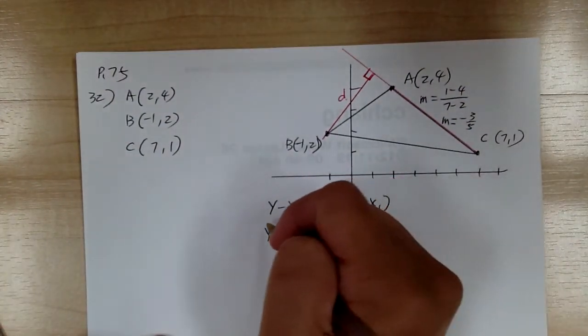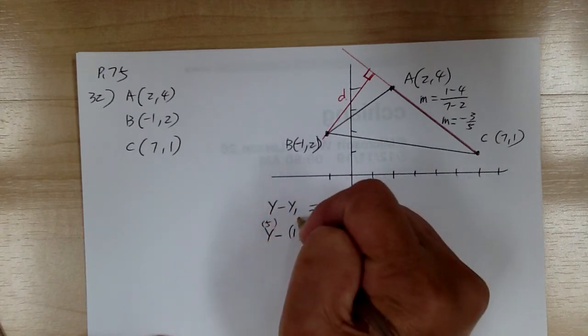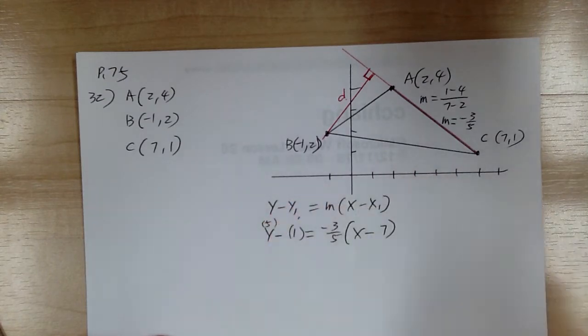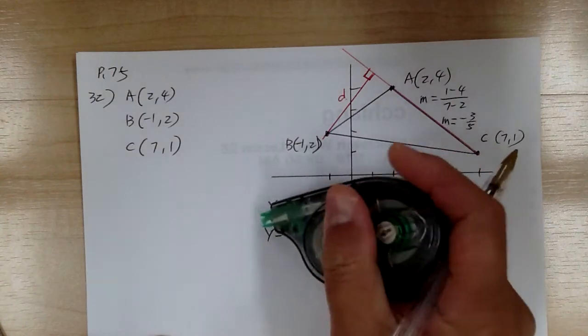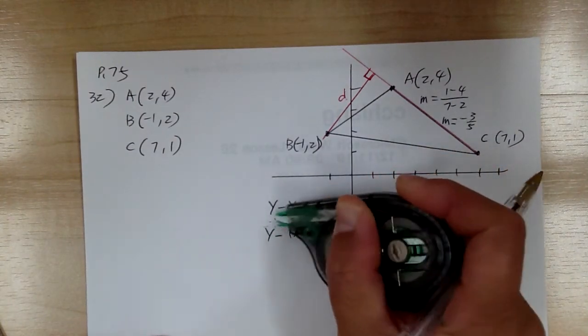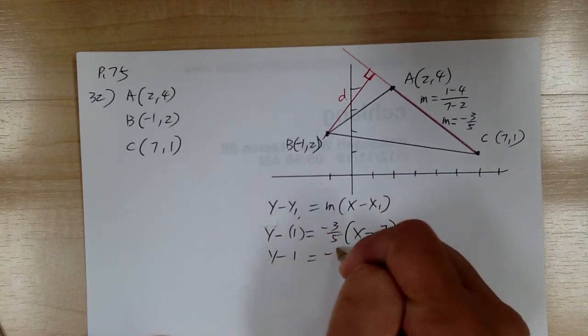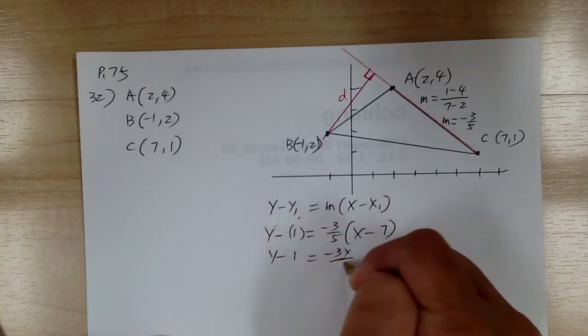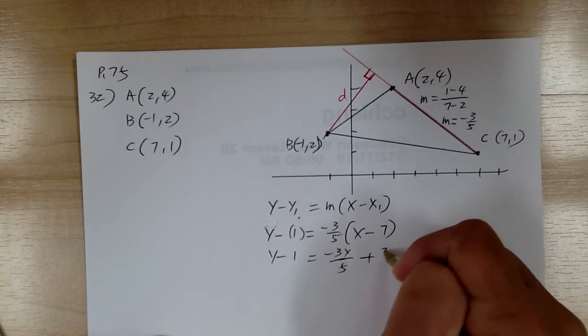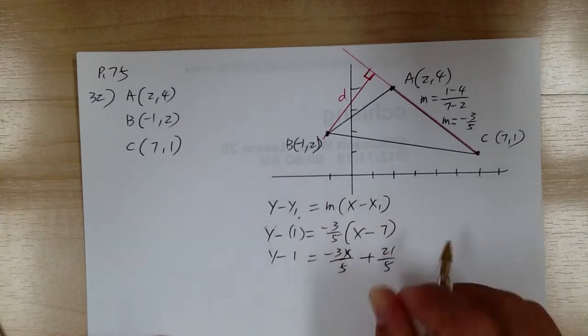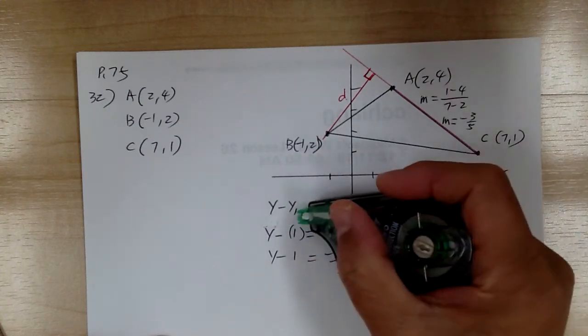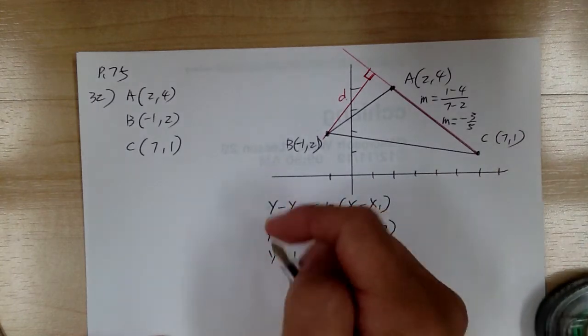So I'm going to multiply everything by 5. Let's distribute first, because some of you probably struggle with that. After that, multiply everything by 5.